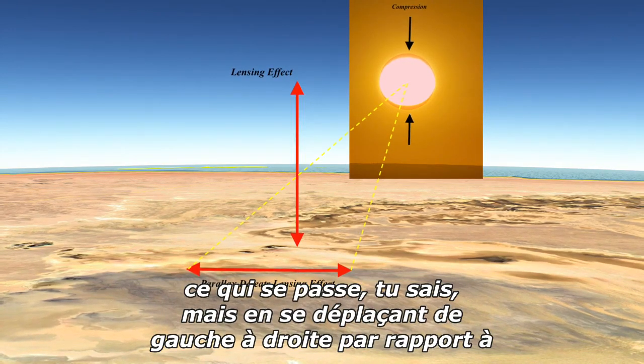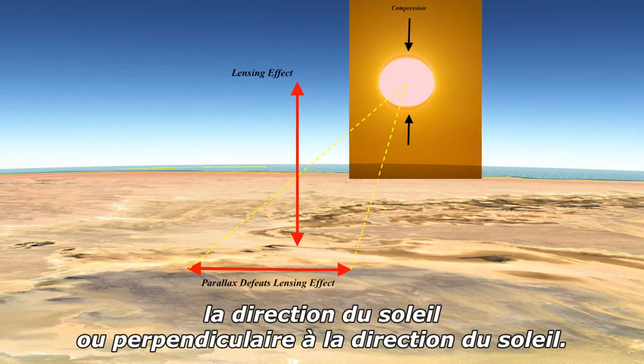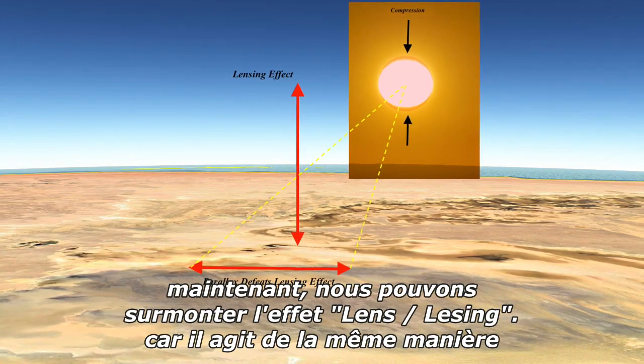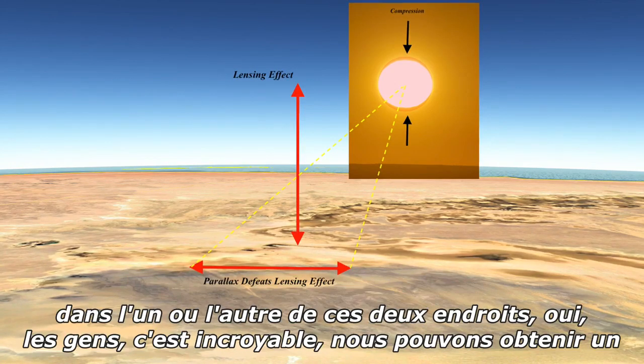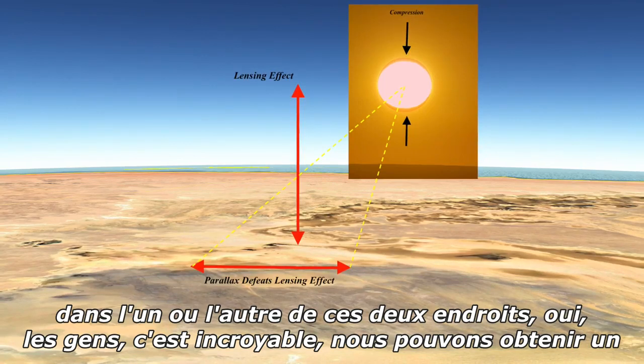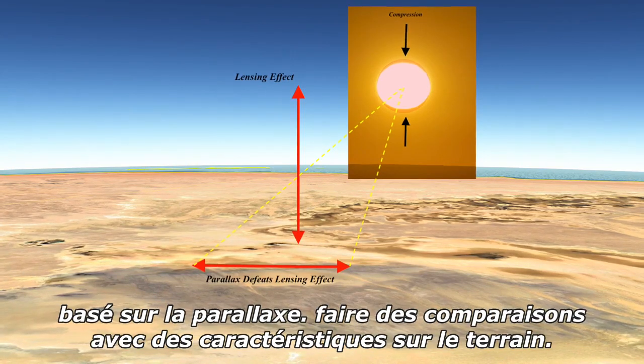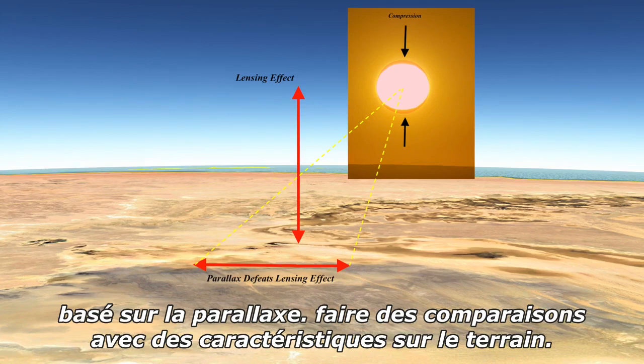But moving left to right, perpendicular to the direction to the sun, now we can defeat the lensing effect because it's acting the same at either location. We can get a direction to the sun and a distance to the sun based on parallax comparisons to features on the ground.